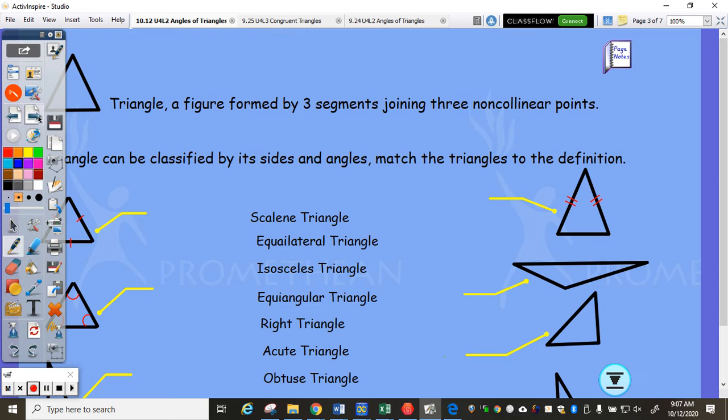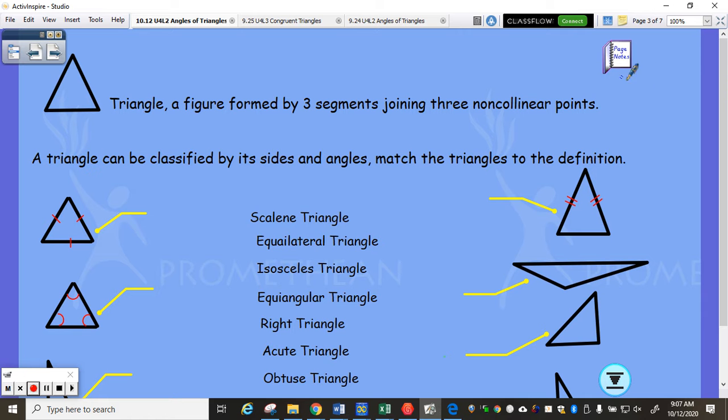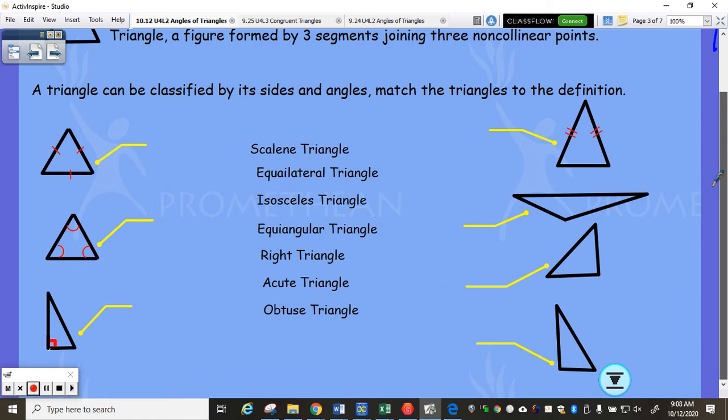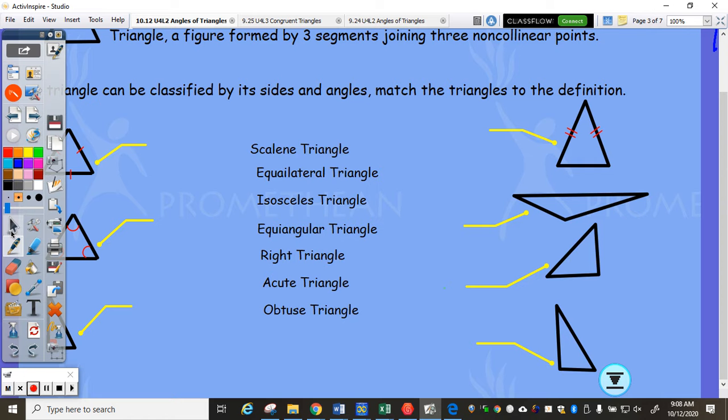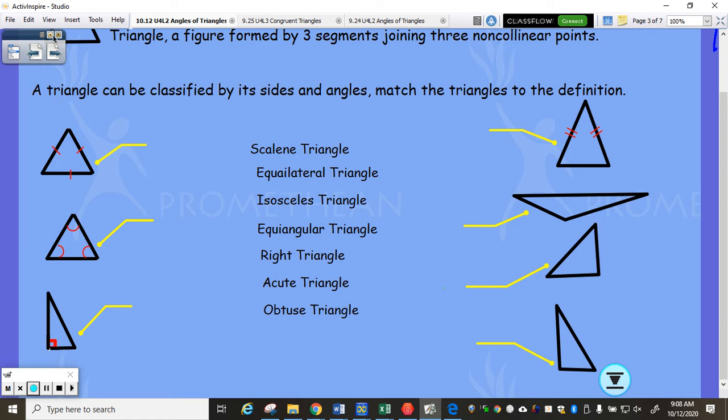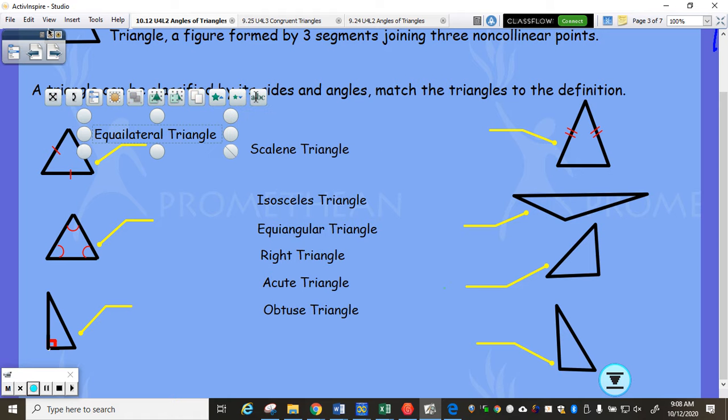All right, so let's go ahead and go back through our classification. We have an equilateral triangle.